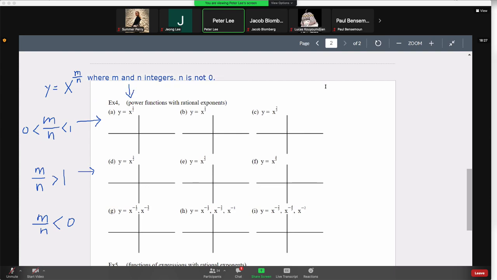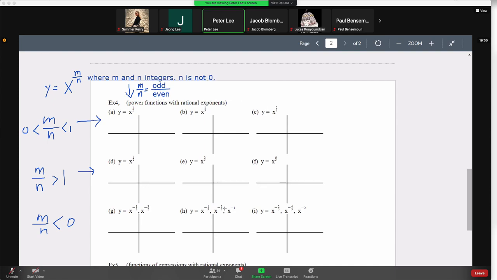And then what is the common thing for the first column? You see, half and 3 halves and negative 3 halves, so negative 1 half. In this case, this is m over n with an odd root power.